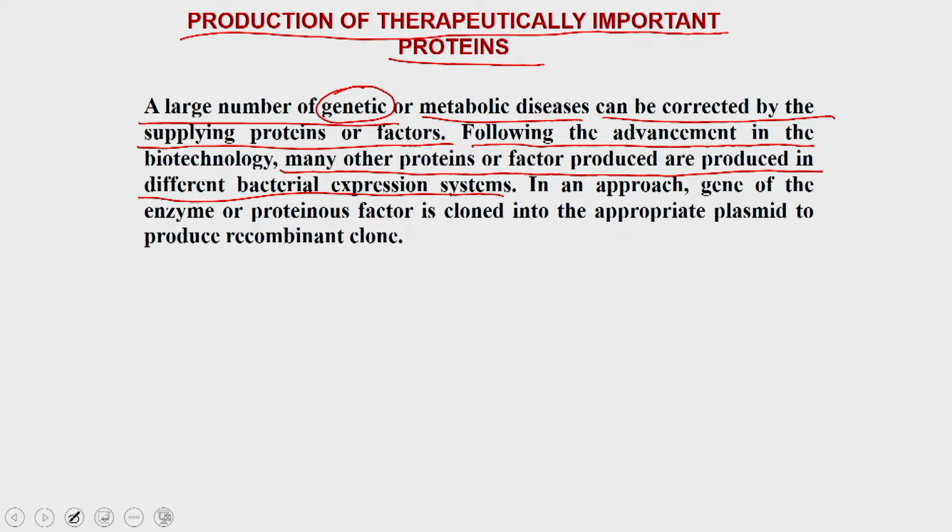In this approach, the gene of that particular enzyme or protein factor is cloned into the appropriate plasmid to produce a recombinant clone, and these recombinant clones give you therapeutic proteins. Then you can take this therapeutic protein as a supplement to overcome these defects, either genetic defects or age-dependent effects.